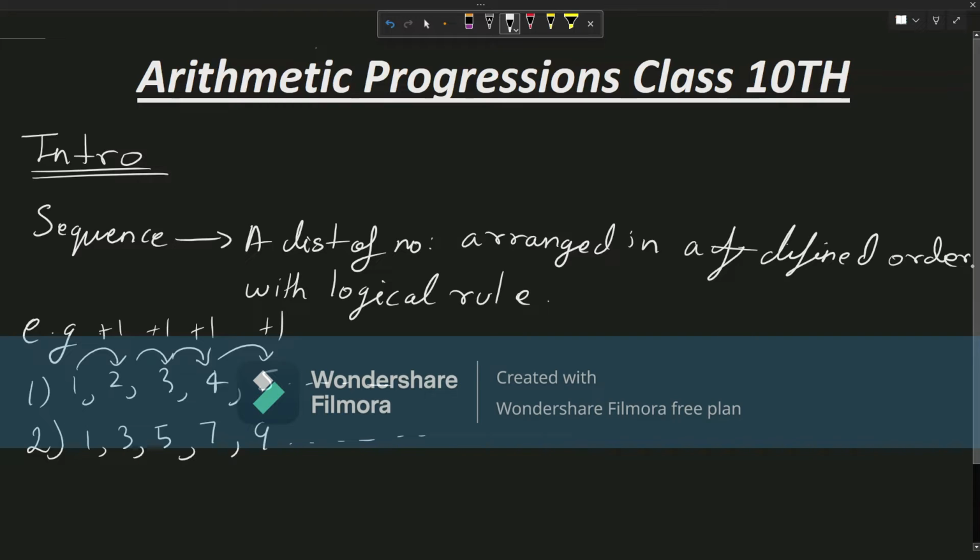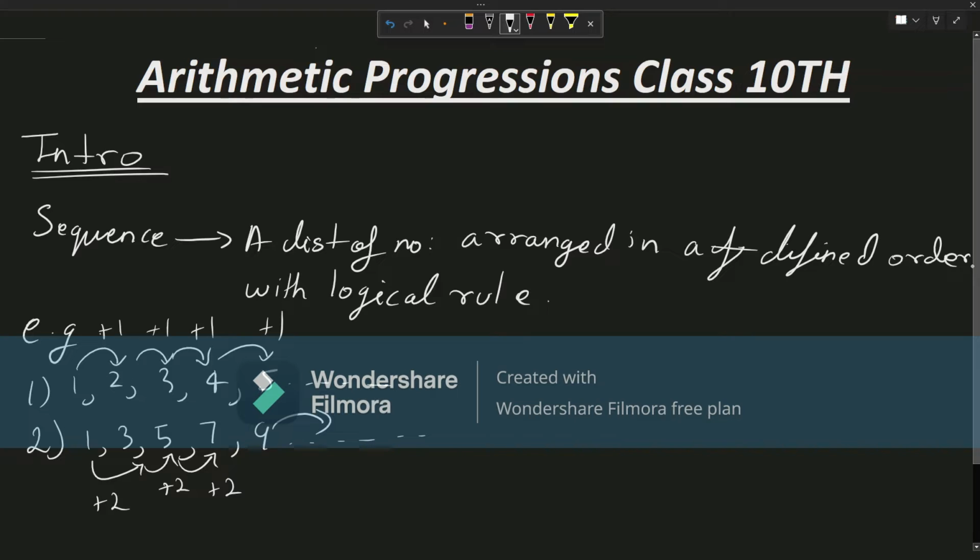So the sequence is increasing by plus 1. And here it is plus 2, here also plus 2, here also plus 2. So you can see there's a definitive pattern, and you can easily find the next number because you know the pattern. The previous number is being increased by 2. That is what we call a sequence.